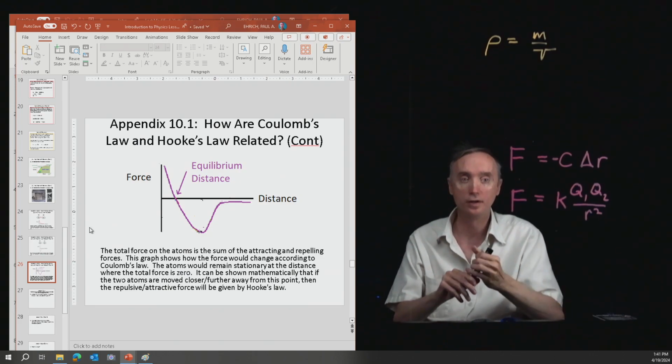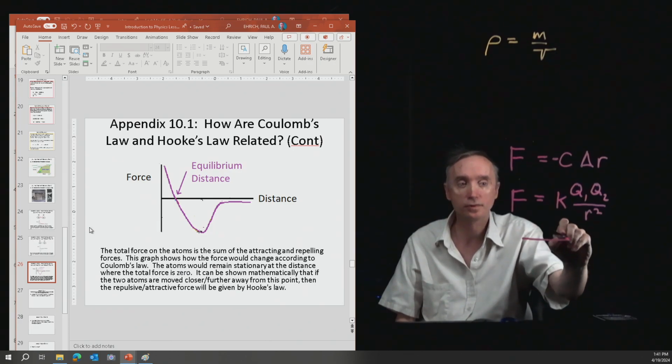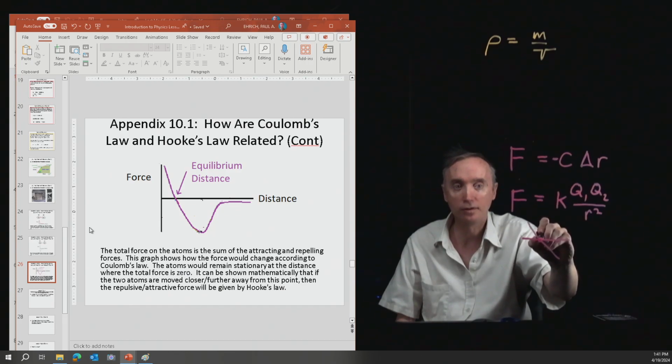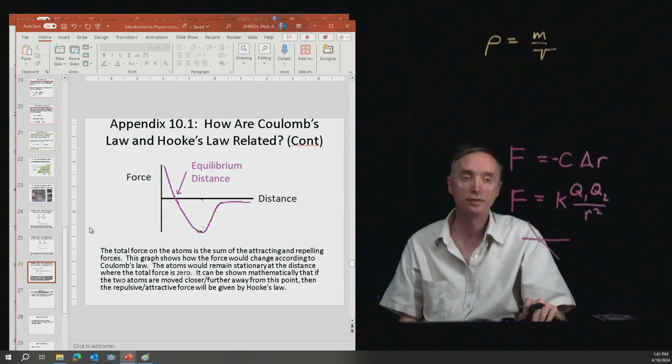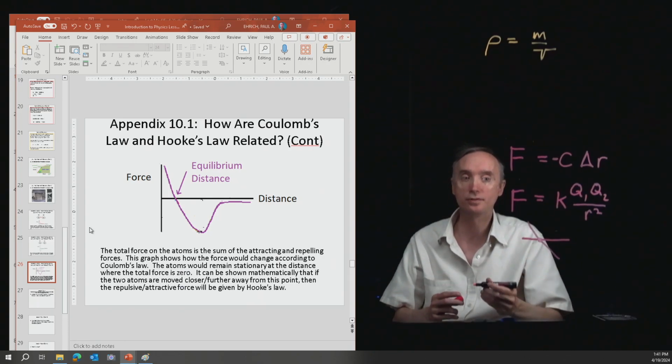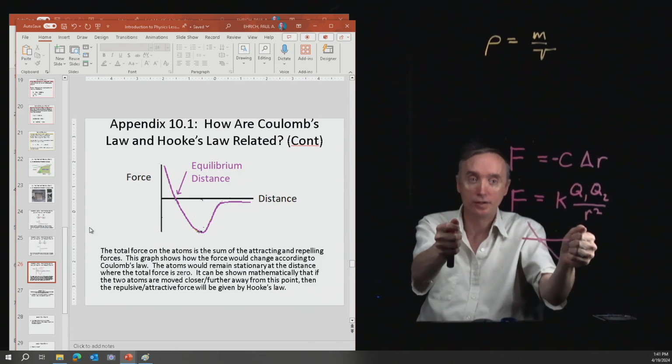Where the graph crosses the axis, right here, notice there's no net force acting on the electrons when you get there. So that's going to put a certain distance that the two atoms are going to want to be away from each other.